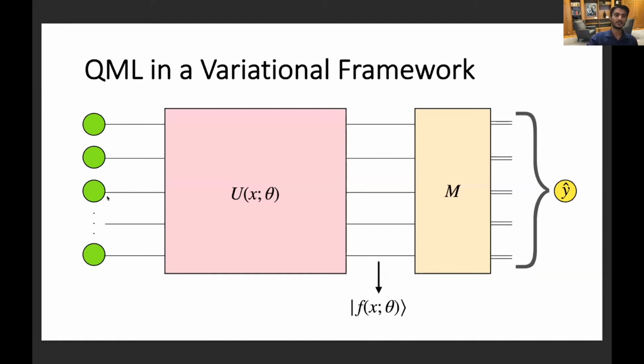So here also, instead of feeding this input data, you prepare an initial state in this layer that is fed through a quantum circuit, that's the unitary circuit, and then you make appropriate measurements on these qubits, and then at the end, depending on what outcome you get in a measurement, that corresponds to an output vector y, which can be used to compute the cost function. And one has to do this over and over again, so that one has enough samples to get the mean value of the cost function. So that's how QML in a variational framework would look.